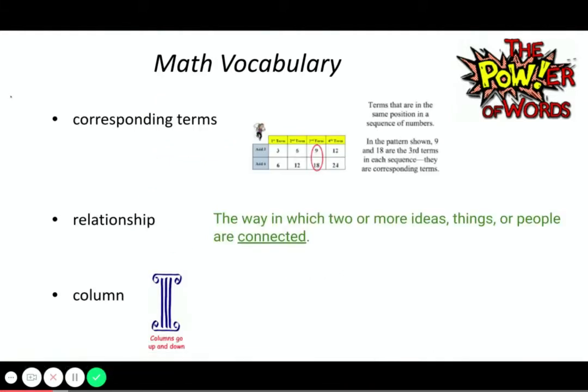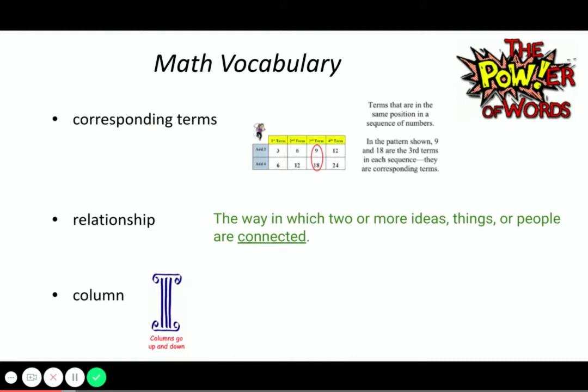Moving on to the final 3 vocabulary words for today's lesson. Here we have corresponding terms, relationship, and column. So corresponding terms are terms that are in the same position in a sequence of numbers. In the image, we see that 9 and 18 are in the same position, just as 3 and 6 are in the same position, 6 and 12 are in the same position, and 12 and 24.